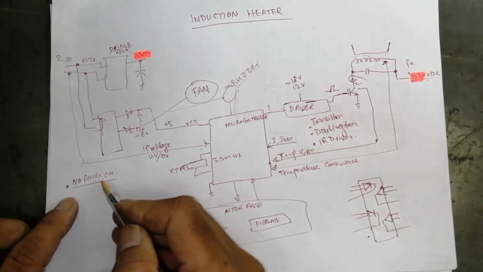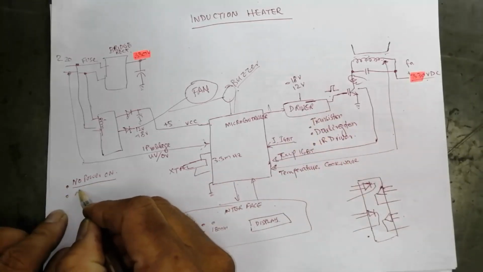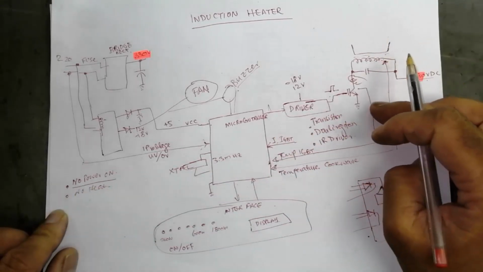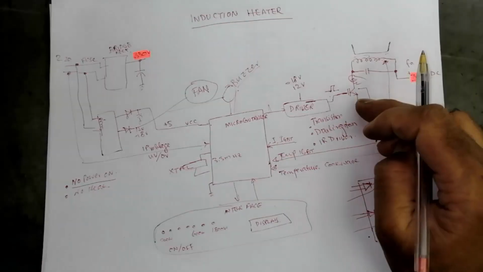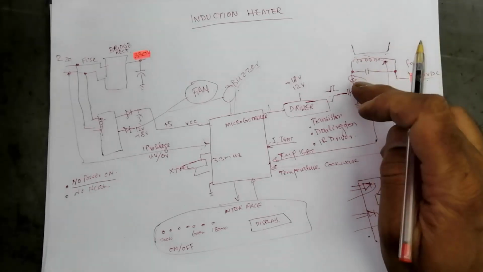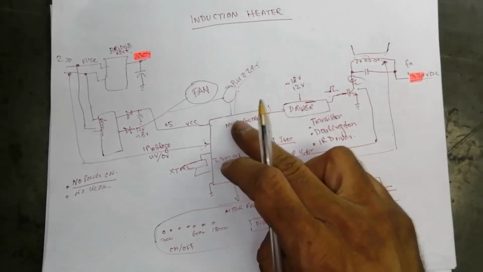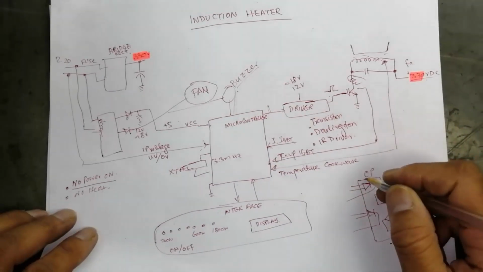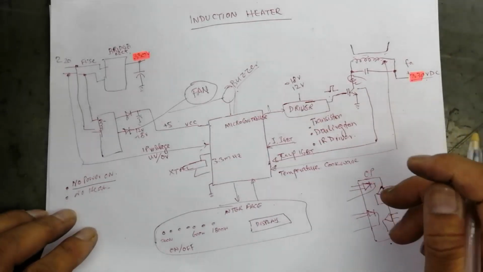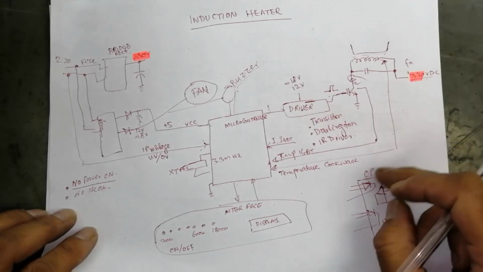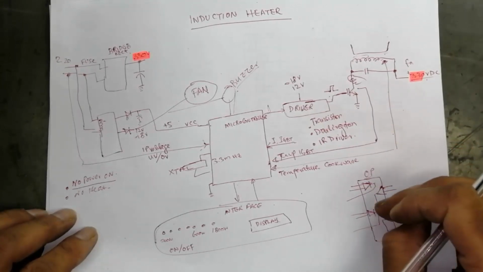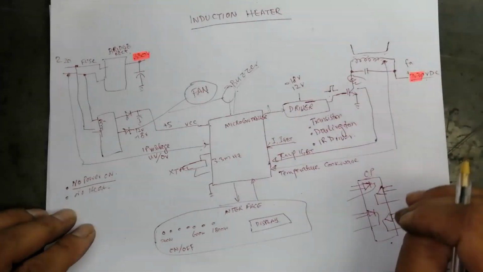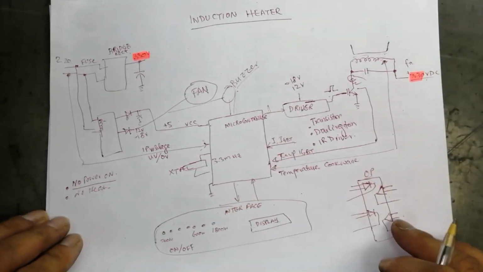Most of the time we have no power, we have no heat, we have the same issues here. Okay, sometimes the IGBT is okay, the processor is working. We have a problem in the operational amplifier, op amp. If the operational amplifier is not good, it is not monitoring the temperature, it is not detecting the pulse, so we have to check this one.